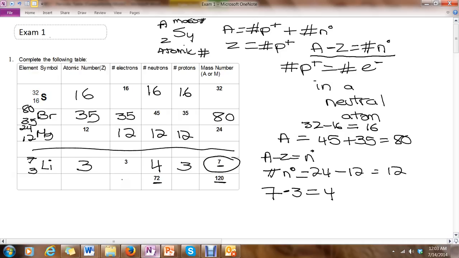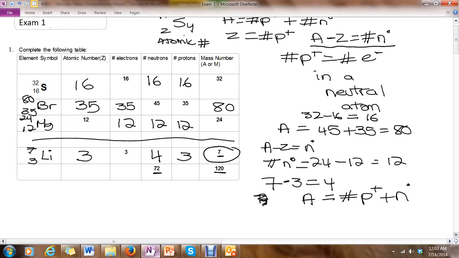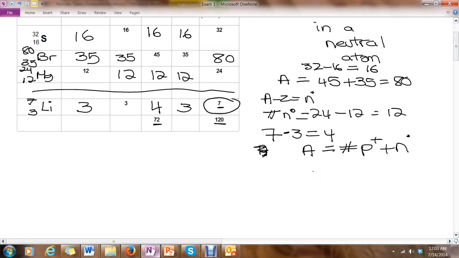We don't have this, we don't have this, we don't have this. But we know that if we subtract, okay, let's put it this way. You know the formula that the mass number A is equal to the number of protons plus the number of neutrons. We have to use these formulas to be able to find out what we need.